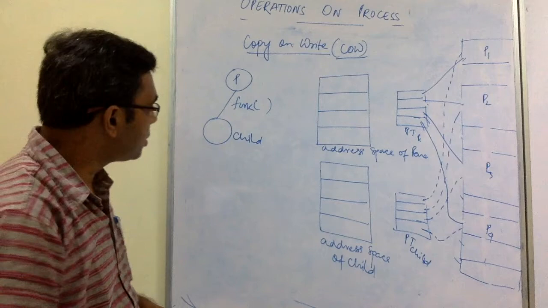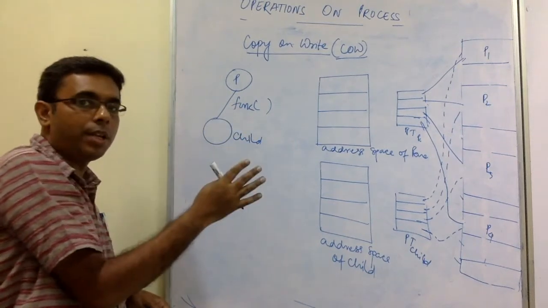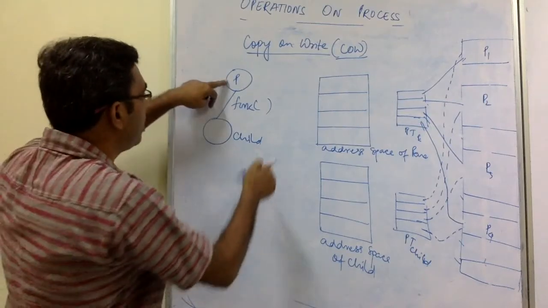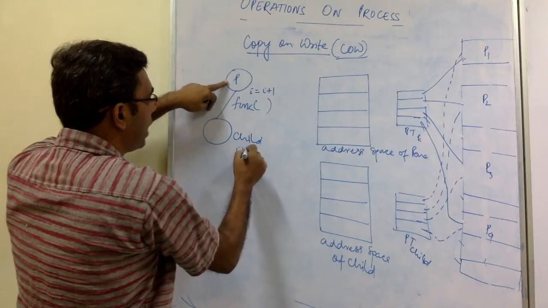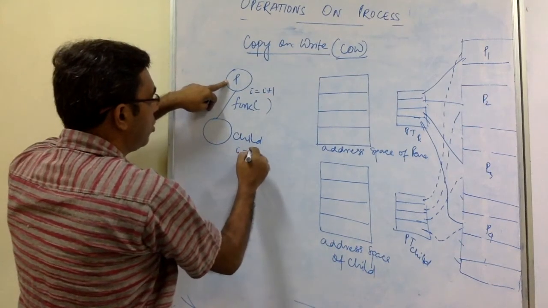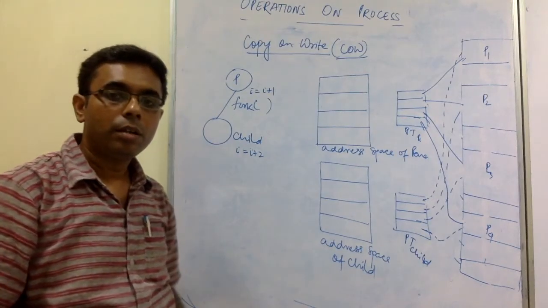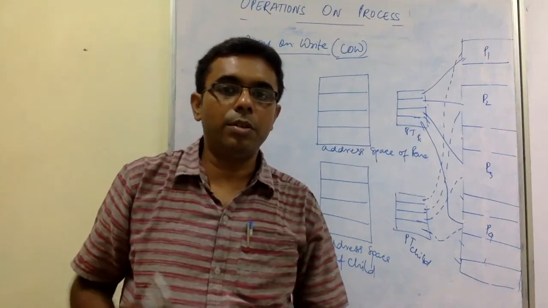Now the problem is, if your child happens to make some changes in some variable which the parent has not changed. Say, for example, the parent uses some variable with I equal to I plus 1, whereas the child would like that to be I equal to I plus 2. So there's a variable that has a different value in the parent and a different value in the child.